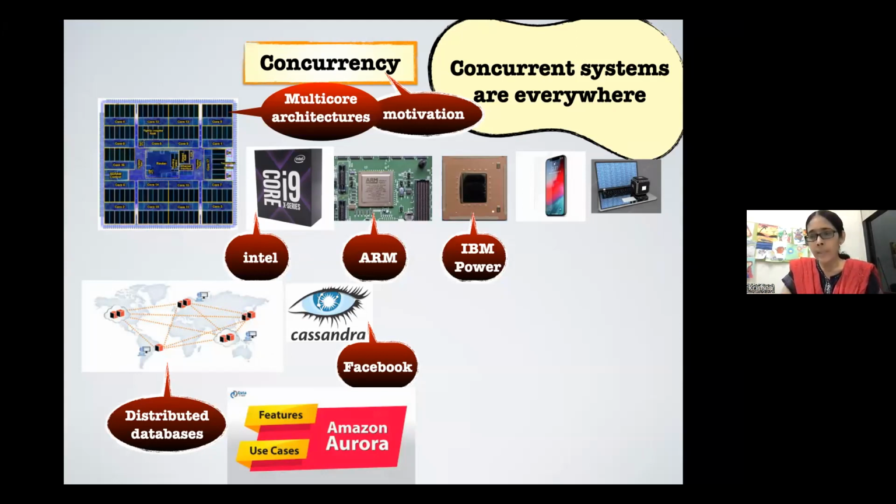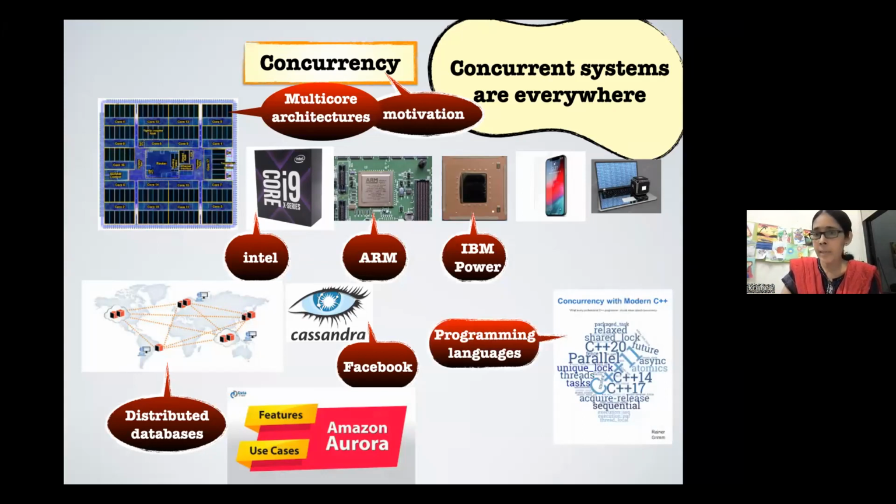But it's not just that we have concurrency in the architecture level or the distributed databases level. If you look at modern implementations of programming languages like C++ or Java, we do have parallelism and concurrency within the programming language. That is why we have terms like threads, locks, release accesses, acquire accesses, and so on.